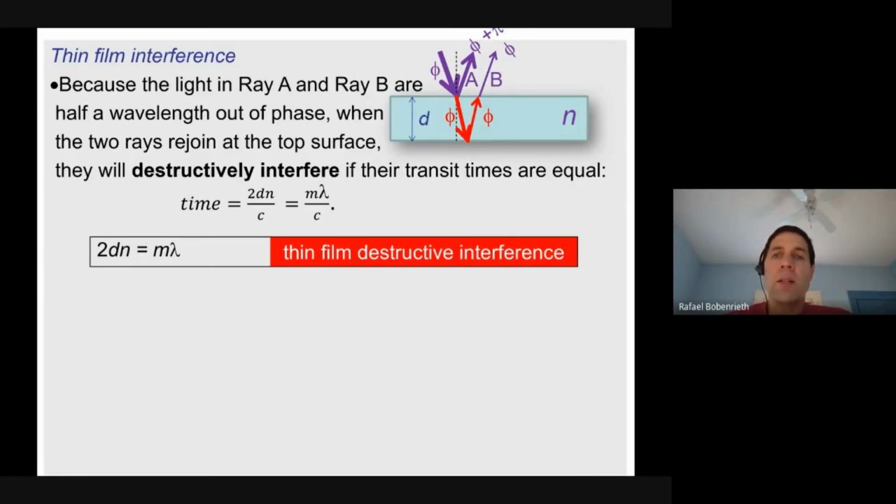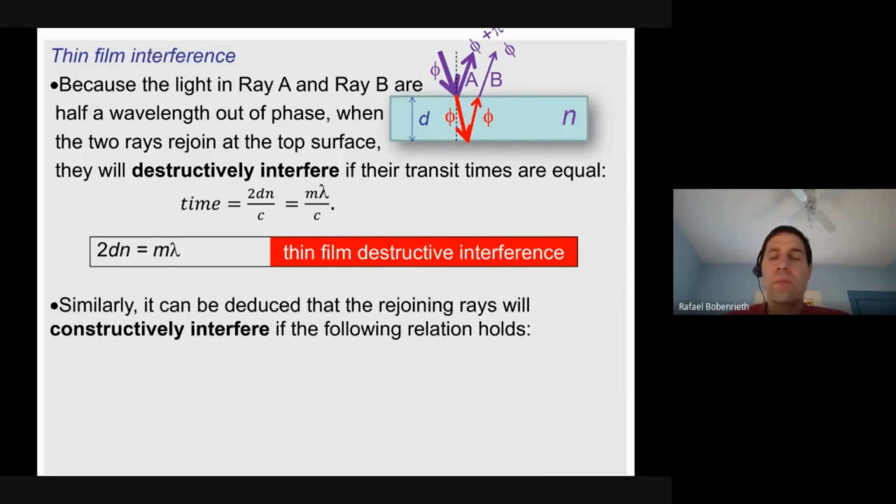Now, if you recall, the conditions for constructive interference and destructive interference are always offset from each other by half a multiple of the wavelength. So I'm not going to go through it here, but you can deduce that basically if the rejoining rays are off by half a multiple, notice m plus 1/2 down here, then you're going to get constructive interference, meaning crest is going to be crest, trough is going to be trough, and that certain color is going to look brighter.